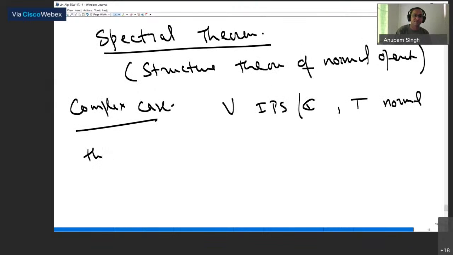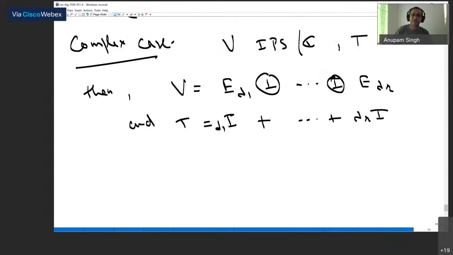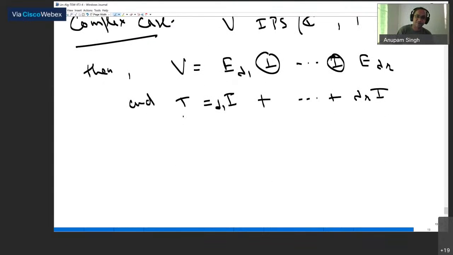Then V can be written as a direct sum of its eigenspaces E_λ1 through E_λR, and T is simply λ1 times identity plus ... plus λR times identity. That means if you choose these eigenvectors as a basis, then the matrix of T will look like simply λ1, λ1, λ1, and so on, then λR, λR, λR.